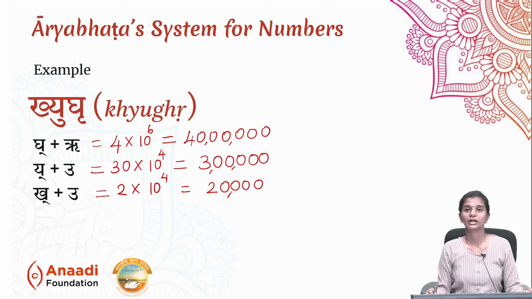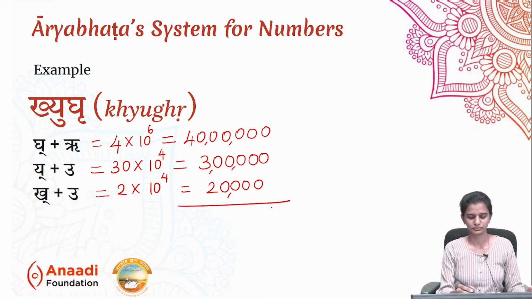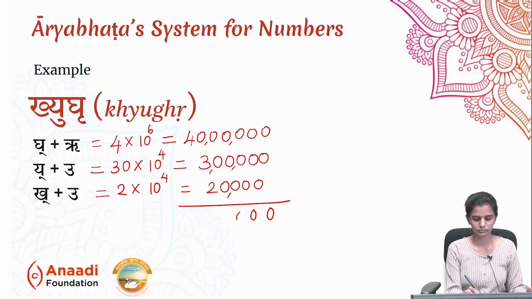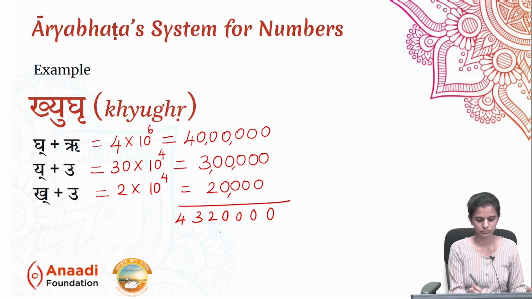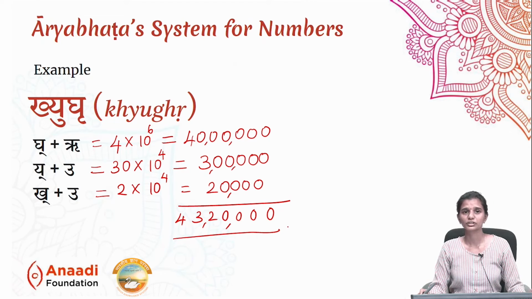The value is 20,000. Now let's sum it up. So the value is 43 lakhs and 20,000.